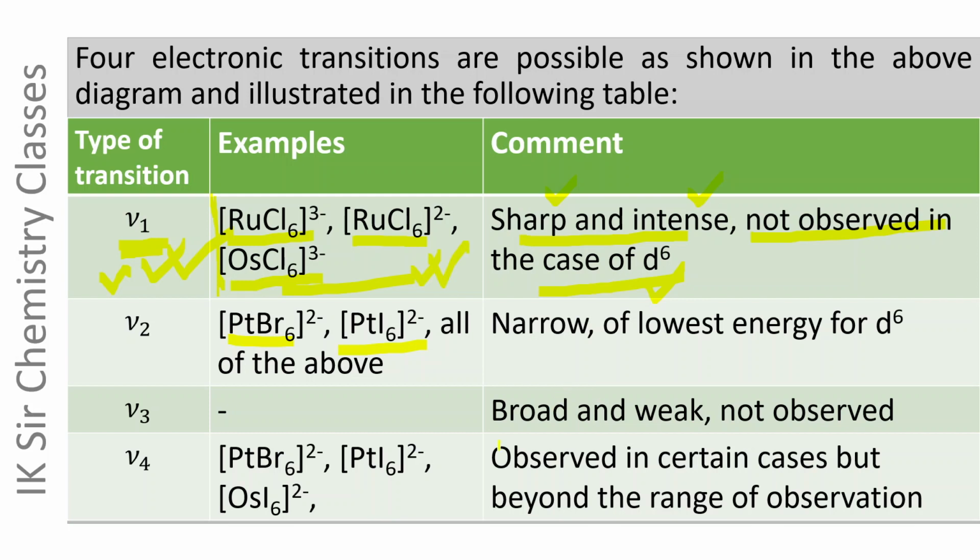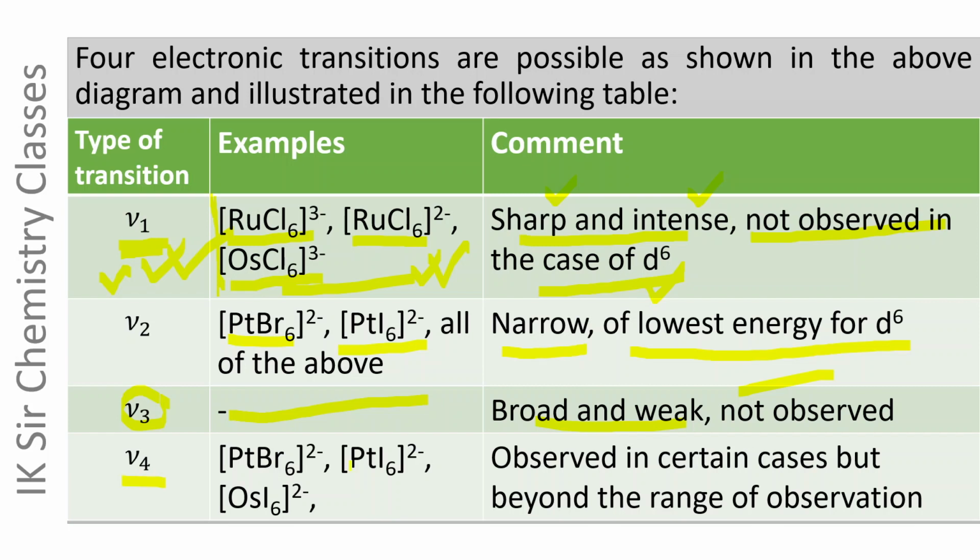This absorption peak is narrow, and it is of lowest energy in the case of d6, because in the case of d6 nu1 is not observed. Another absorption peak, nu3, is broad and weak, and it is generally not observed, and hence no example of this type of charge transfer transition is available.